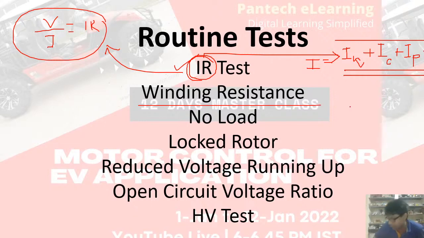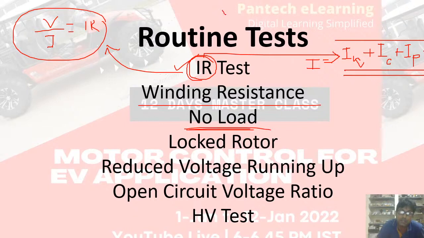Winding resistance will come from your design specification, because the winding resistance will determine the torque and many electrical and mechanical parameters. Then you need to do the no load test.